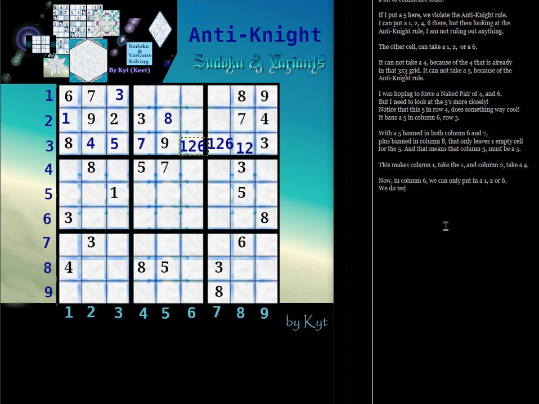We do technically have triplets here, as only 3 numbers can go into these 3 cells and no 4th number can.